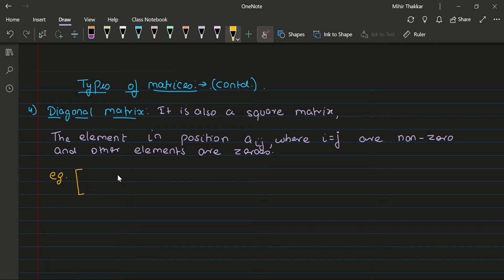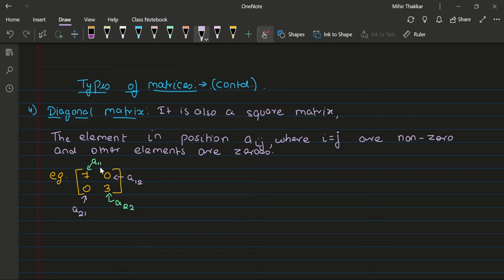If you remember from our last lecture, we had seen the position elements. Suppose I consider this as my matrix, this is your position A11, this is your position A22, this over here is the position A12, this position is A21.